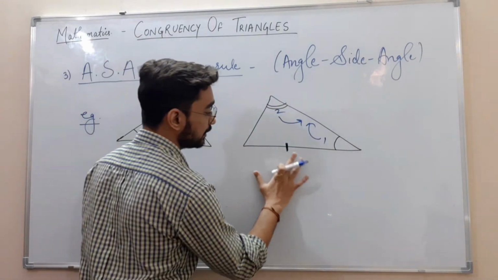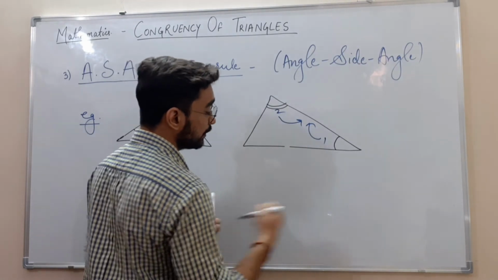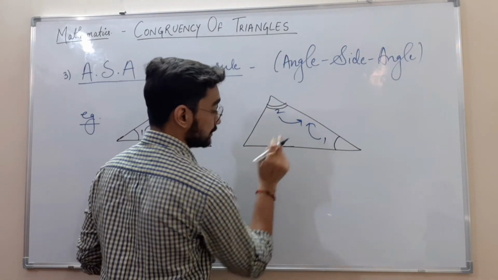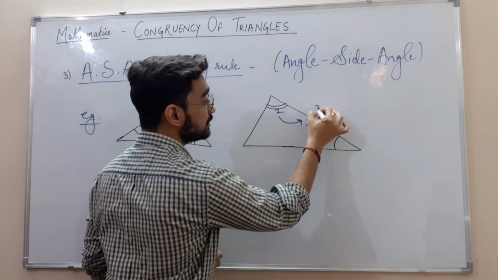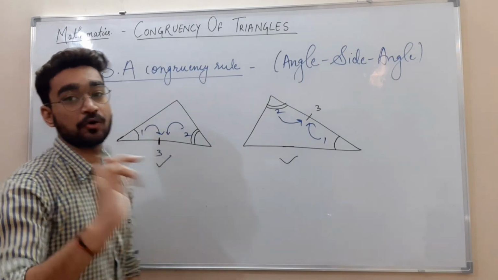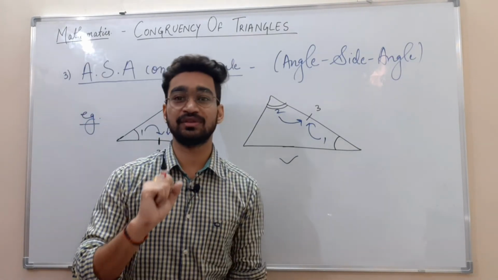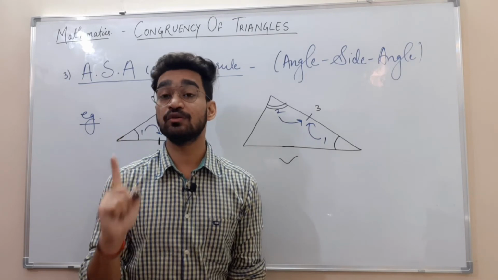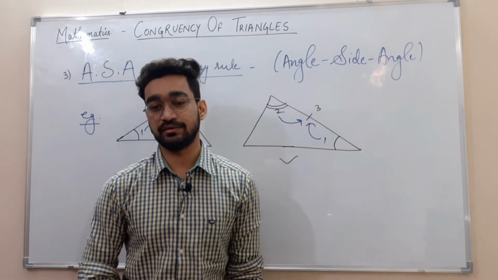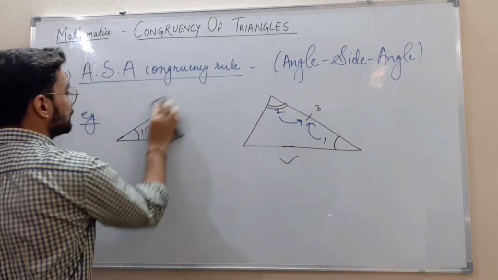If my question said that in place of this side, this side is equal, then I can say that these two triangles will be congruent. I hope you are getting the point which I'm trying to say. The side should always be in between the two angles. Take one more last example, then you will understand more properly.